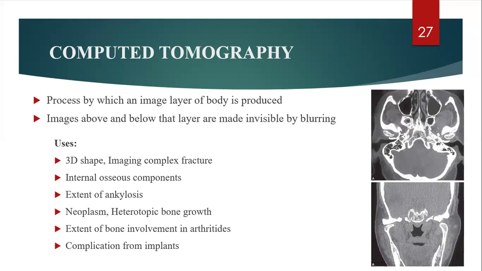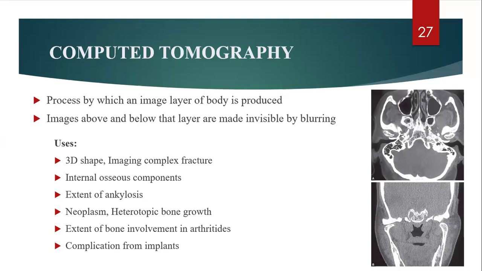And moving to the tomographic views, we have OPG, CT, and CBCT. So coming to CT, this is the process by which an image layer of the body is produced by blurring the layers above and below the layer that has to be identified.